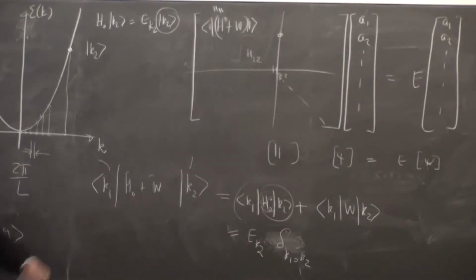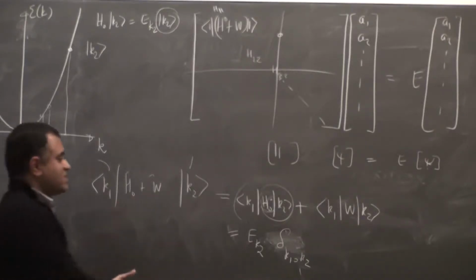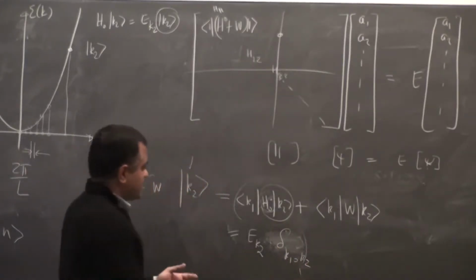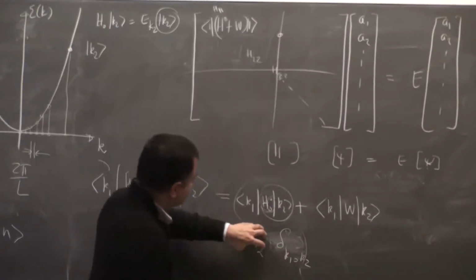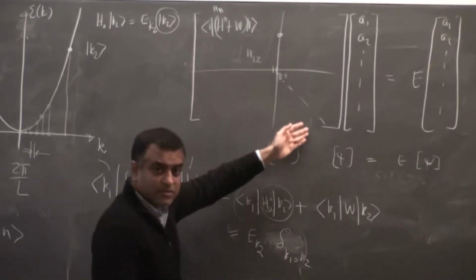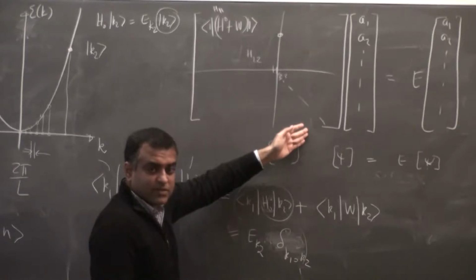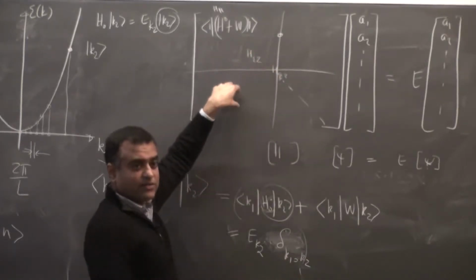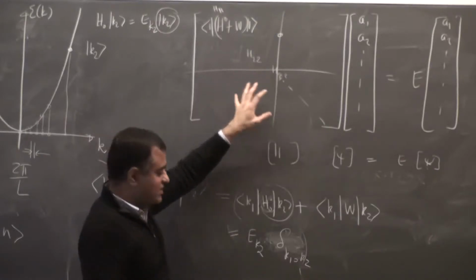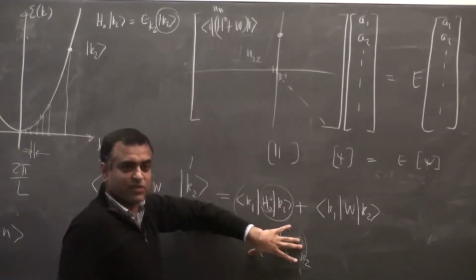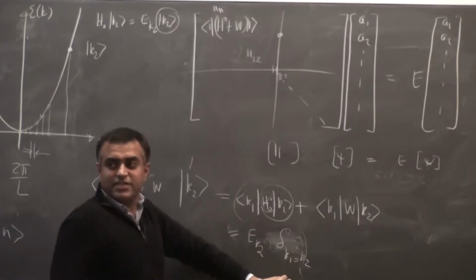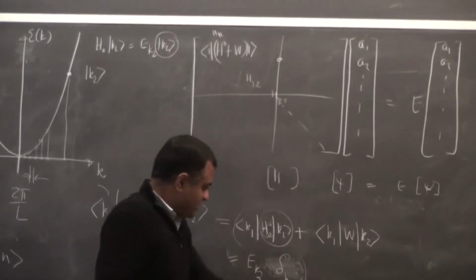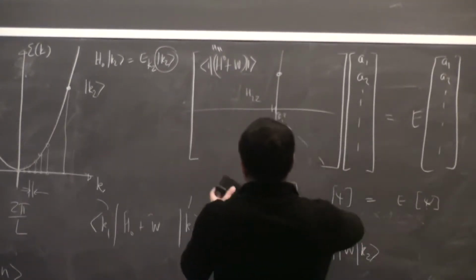Is that clear? Mathematically this looks abstract, but physically all it means is that this term only survives in the diagonal elements. The moment you go off diagonal, you're looking at 1, 3 or 2, 5, so off diagonal terms are 0. That's physically what it means. So that Hamiltonian matrix immediately simplifies.